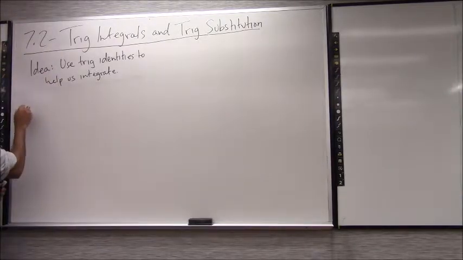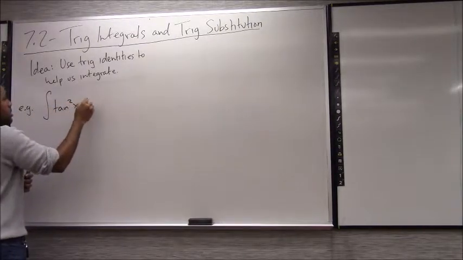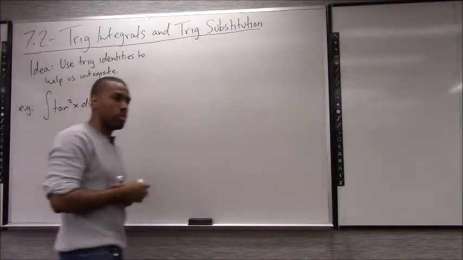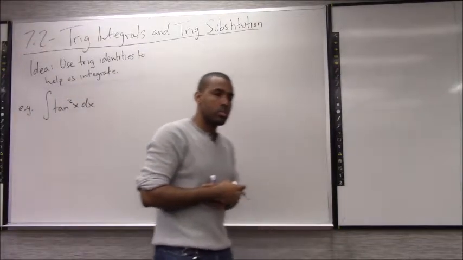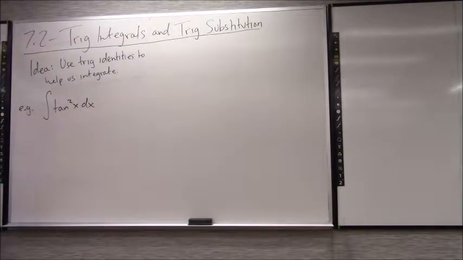So a nice example here would probably be something like tangent squared. You want to integrate tangent squared, how would you do it? Ideas? Yeah? Let u be tan squared x.